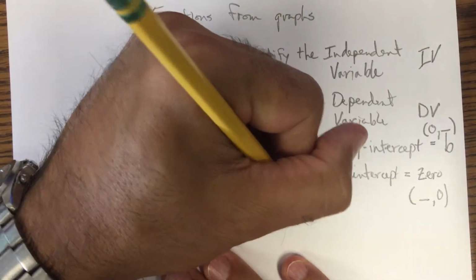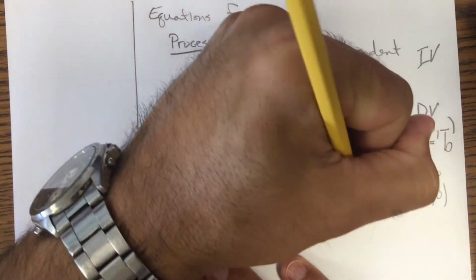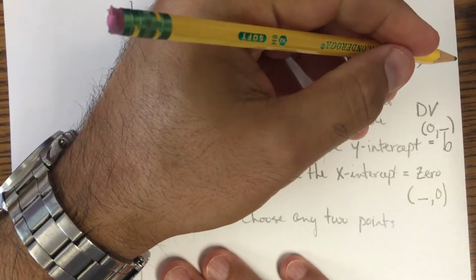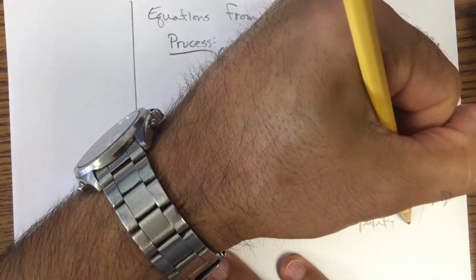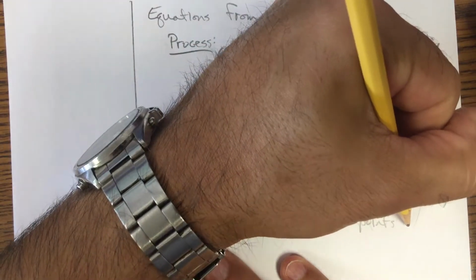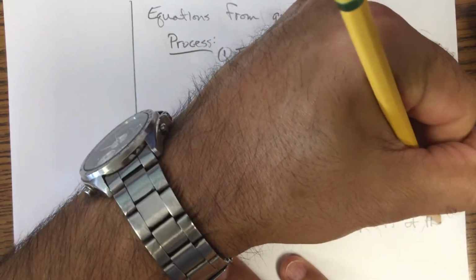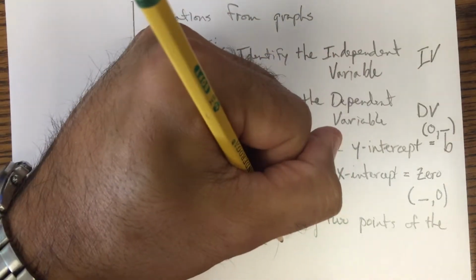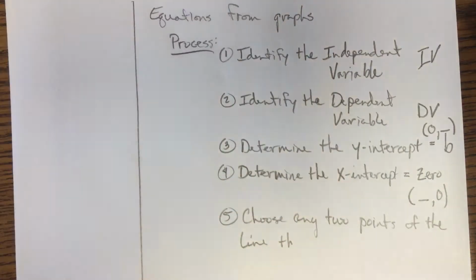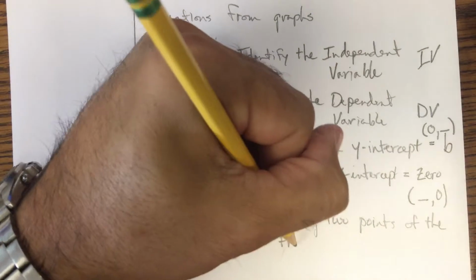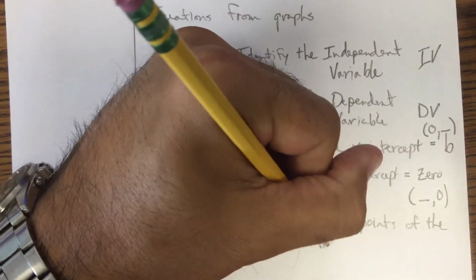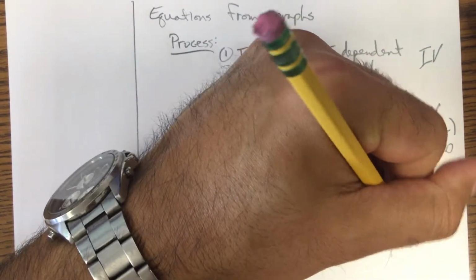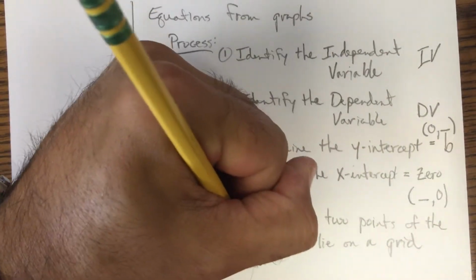Choose any 2 points of the line that lie on a grid intersection.